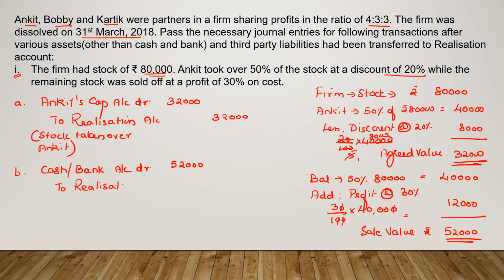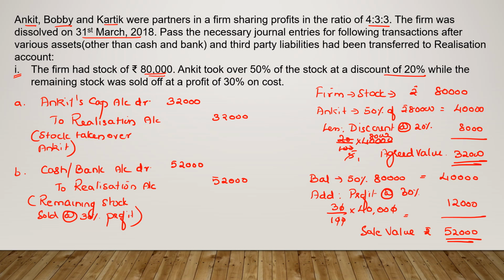So there is no stock account. Now there is only the realization account from where we are going to credit and close down. So this is for the remaining stock sold at 30% profit. So this is the journal entry that you would be passing for this particular transaction.